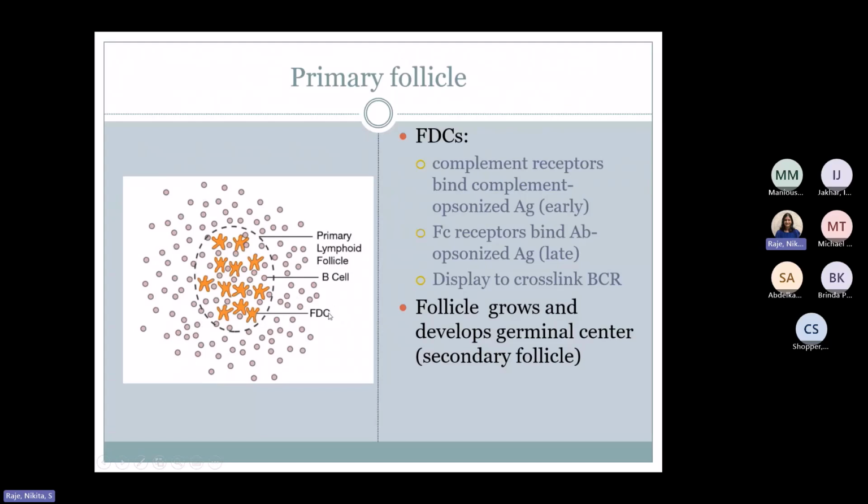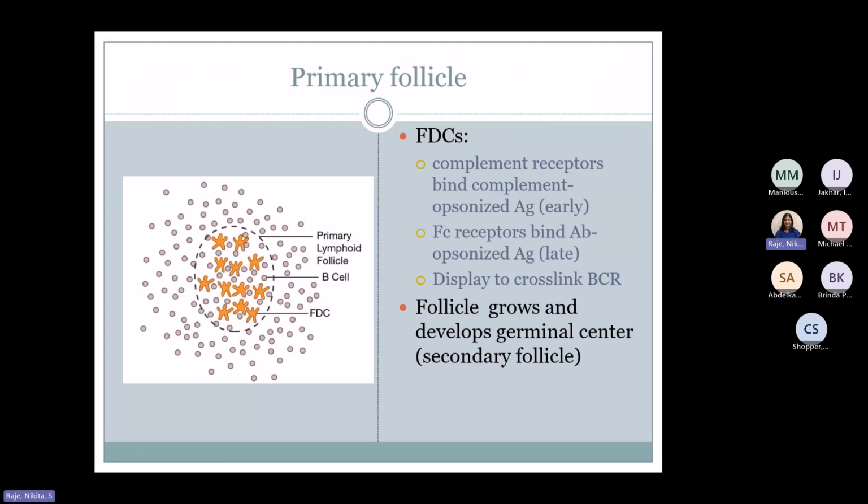What do they have? They have complement receptors on their surface. So say there is an antigen present in the circulation that comes across complement. Complement is activated, and complement helps in opsonization, so it tags that antigen.